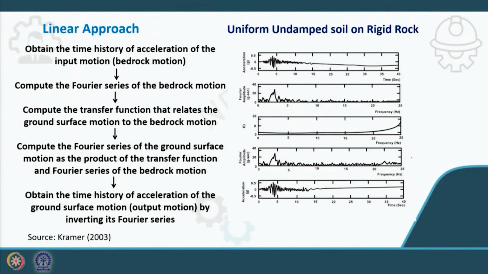From the bedrock motion as the input, I will get the ground surface motion. The process is the same: I will get the transfer function, and then multiply the Fourier series of the bedrock motion with the transfer function to get the Fourier series of the ground surface motion. If I then do the inverse of this Fourier series, I will get the acceleration time history for the ground surface motion.